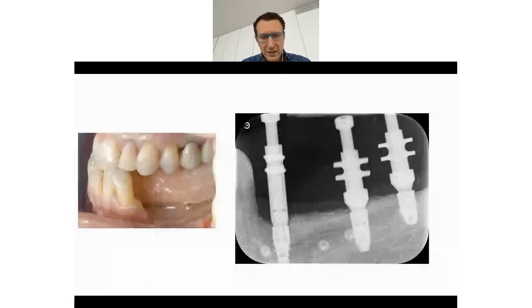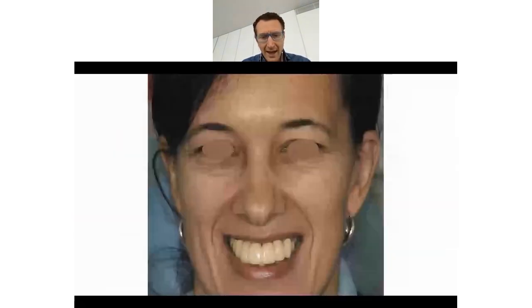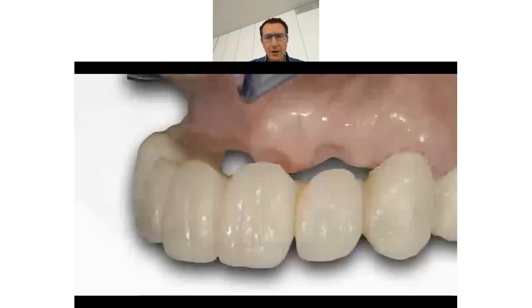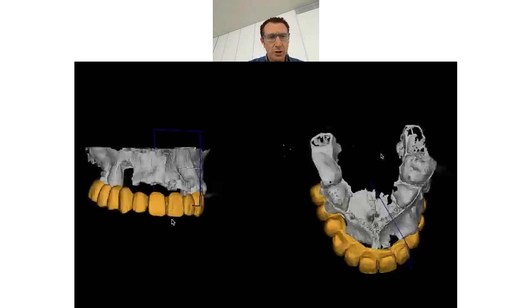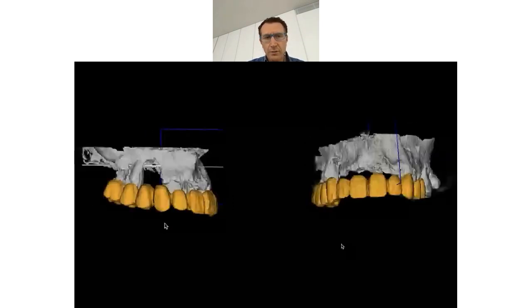But this is true for these cases, and it also helps us in those cases where we have an aesthetic impact of the procedure. So we have a very catastrophic starting point. You see here the discrepancy, very big. But what we can do is check digitally the position of the teeth and the position of the bone.